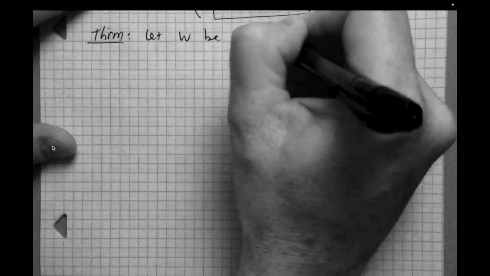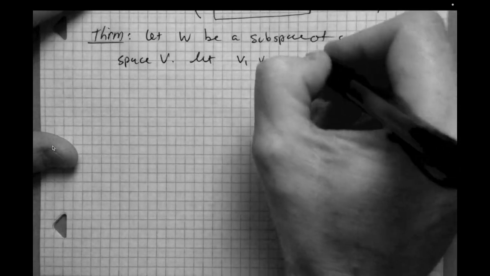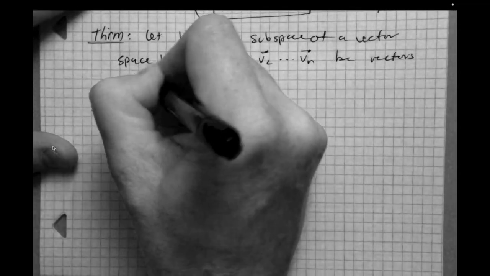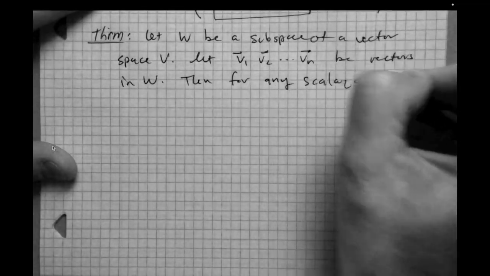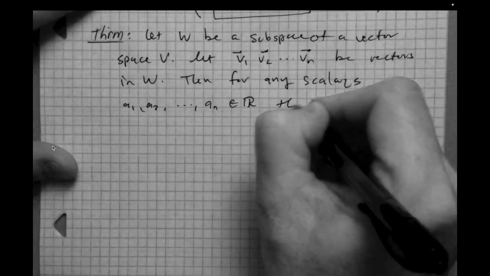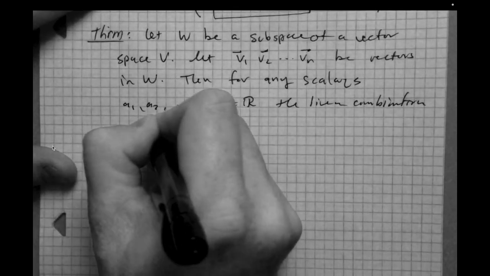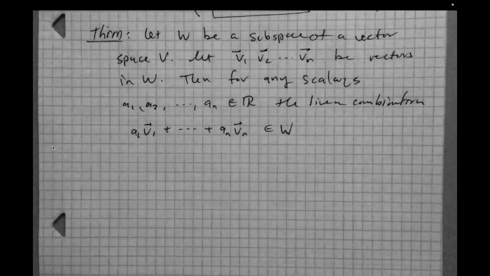So let's let W be a subspace of a vector space V. And let's let V1, V2, dot, dot, dot, Vn be vectors in W. Then for any scalars A1, A2, dot, dot, dot, An in R, the linear combination A1 V1 plus dot dot dot plus An Vn is itself an element of W.